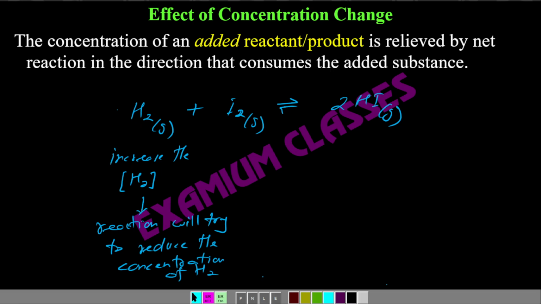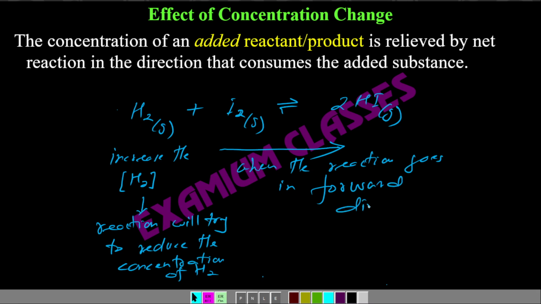The only way to reduce the concentration is that the reaction goes in the forward direction. Only then will the hydrogen concentration decrease. It means it will shift the equilibrium towards right. So how do we say it? We say that the equilibrium is shifted towards right.